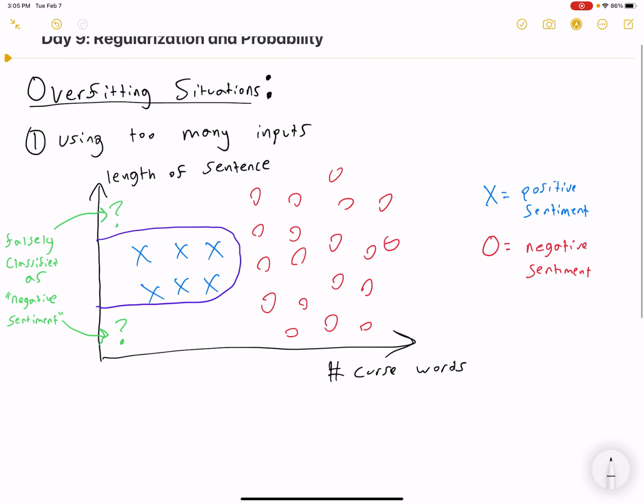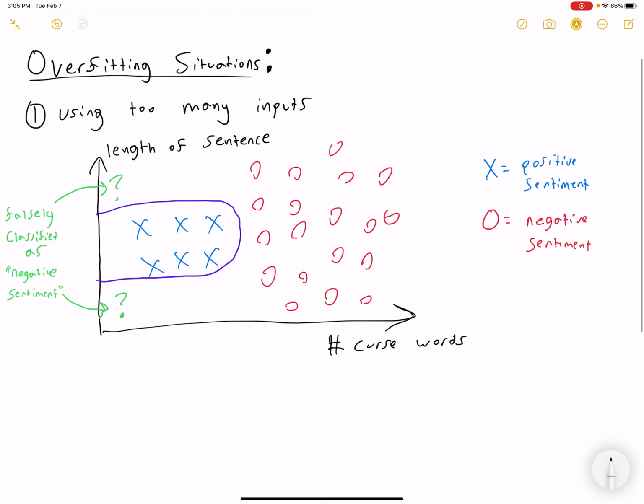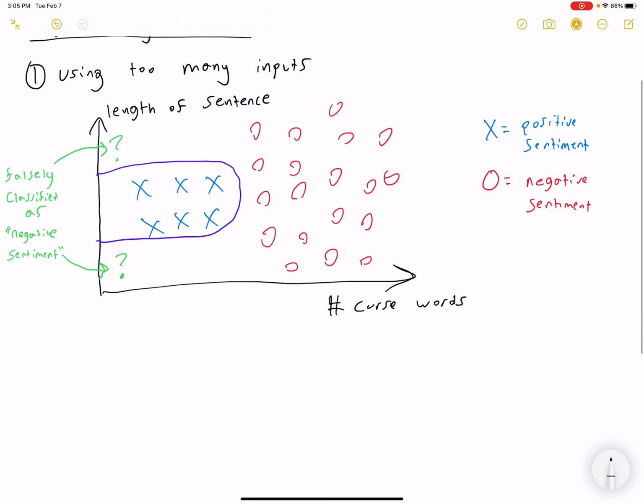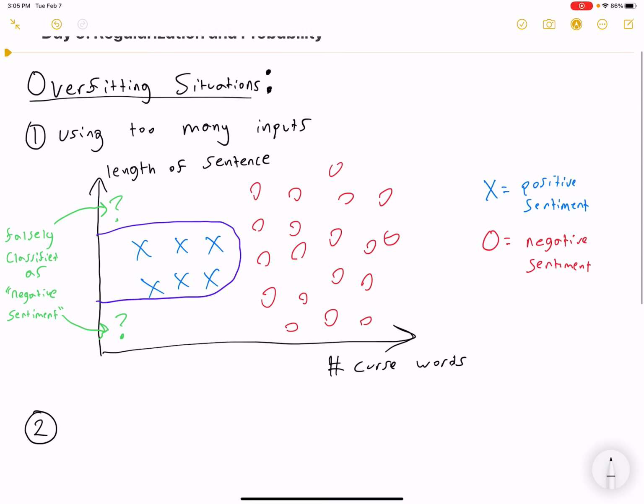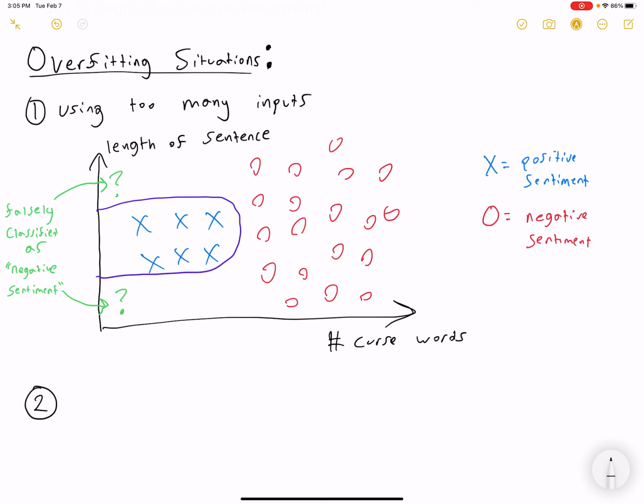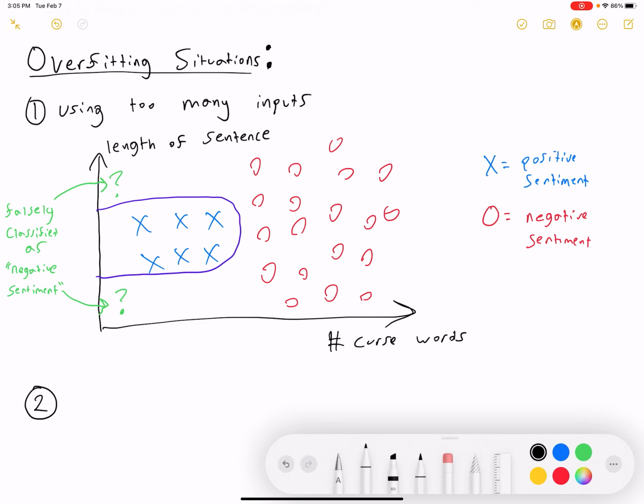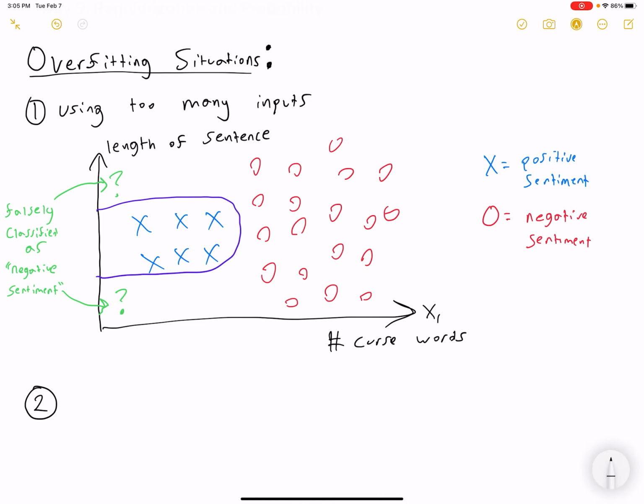So a second overfitting situation, so this was the first overfitting situation. The second one that we'll talk about is using... Sorry, I have a question. Yes. I just want to clarify. So when you say using too many inputs, do you mean like too many inputs in each category, or just too many categories in general? So the categories are the outputs.